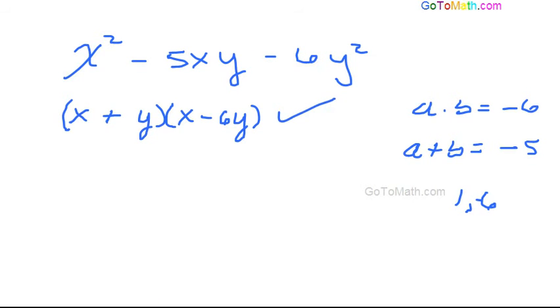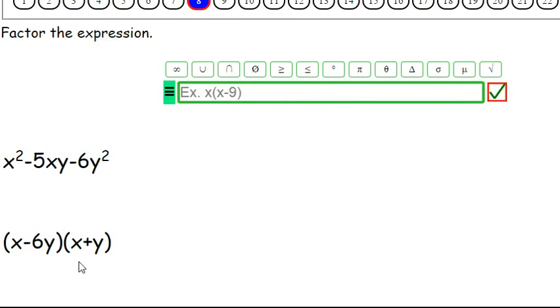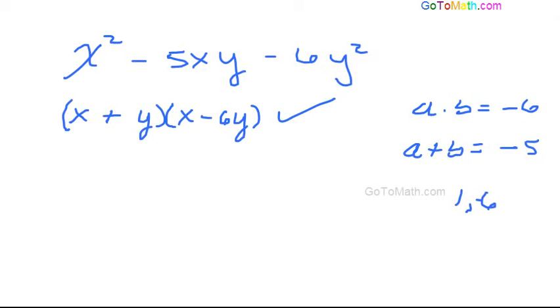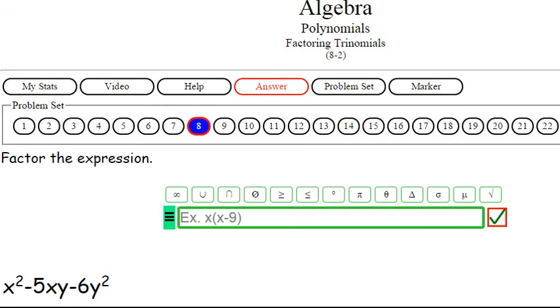There you go. There it is. x minus 6y and x plus y. Even though it's written in a different order, same thing.